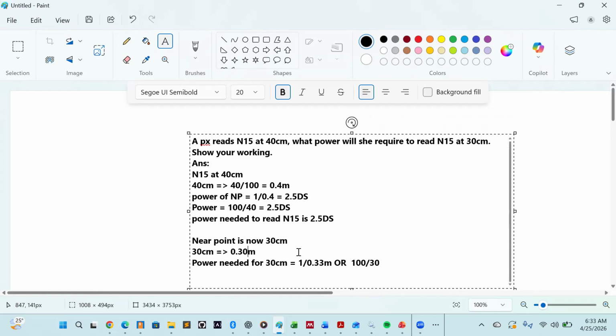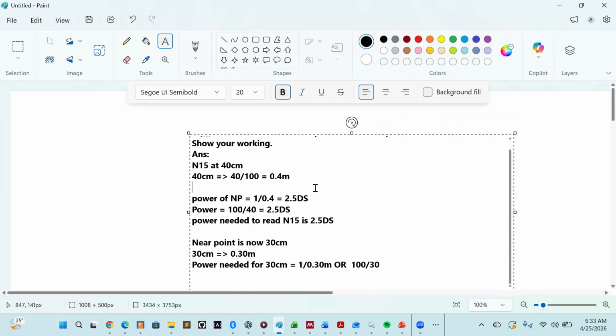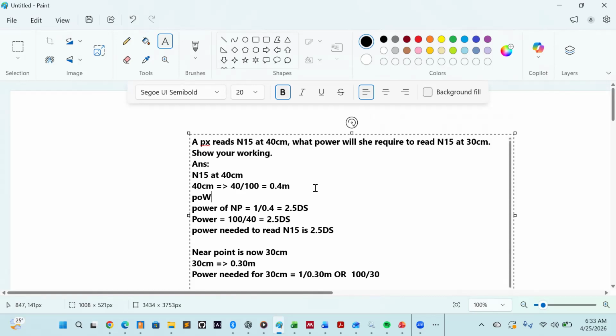So the power is always the inverse of the focal length. That's the meaning. The power of anything is always the inverse of the near point. So the near point power is always the inverse of the distance you get in meters.